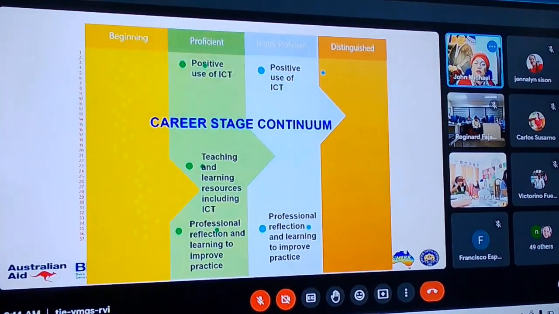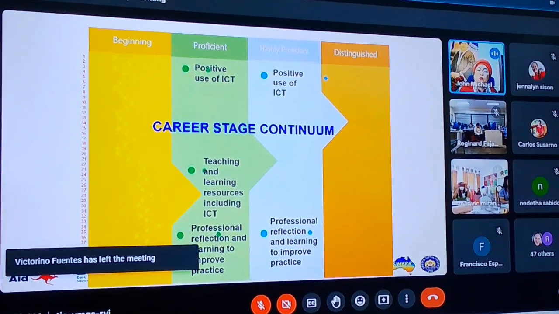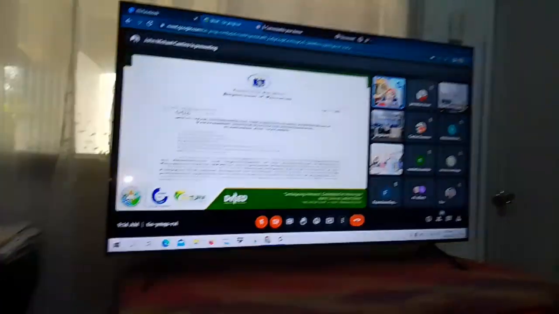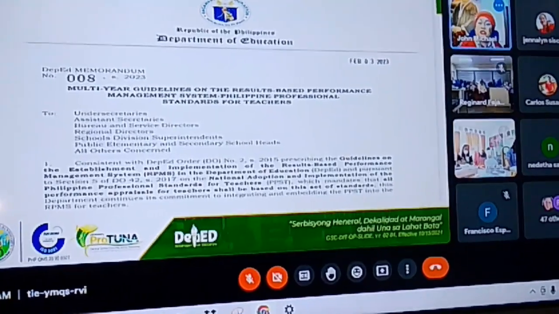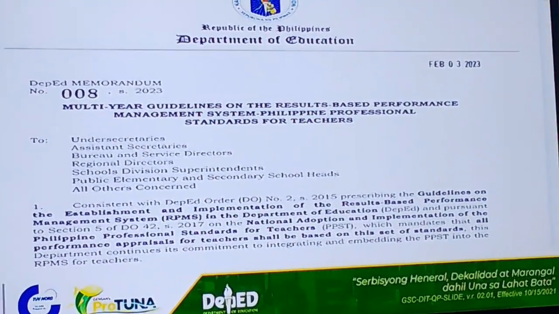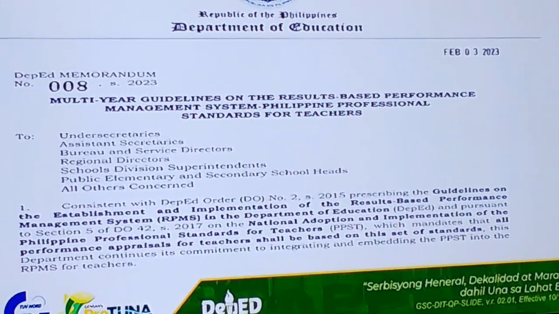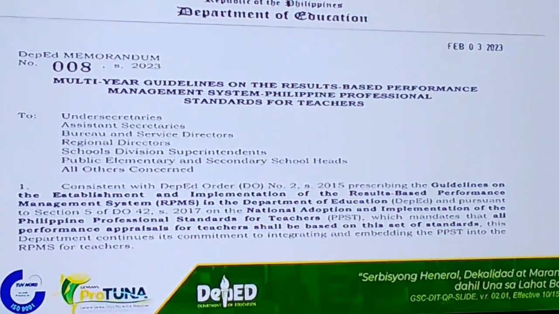The same with our highly proficient teachers. Proficient teachers are always expected to provide 2023 that was issued on February 3, 2023. Paragraph 1 talks about the legal basis of Deped Memorandum number 8 series of 2023.